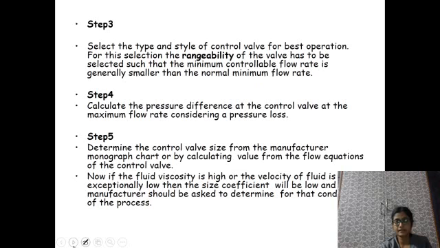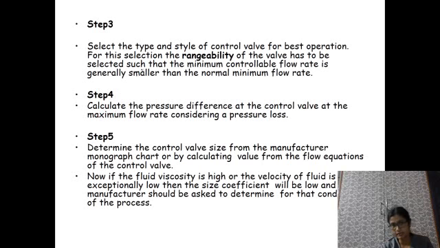Next, select the type and style of the control valve for best operation. For this selection, the rangeability of the valve has to be selected so that the minimum controllable flow rate is generally smaller than the normal minimum flow rate. Next, calculate the pressure difference at the control valve at the maximum flow rate, considering a pressure loss.